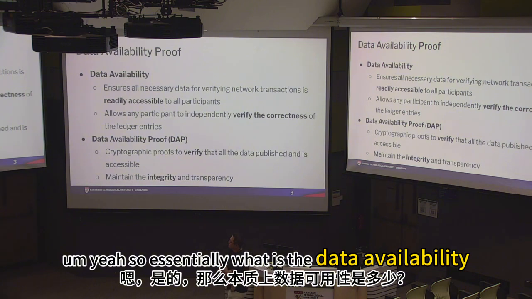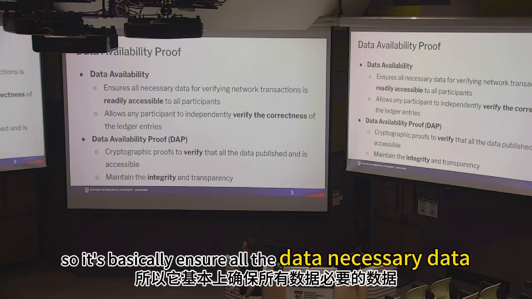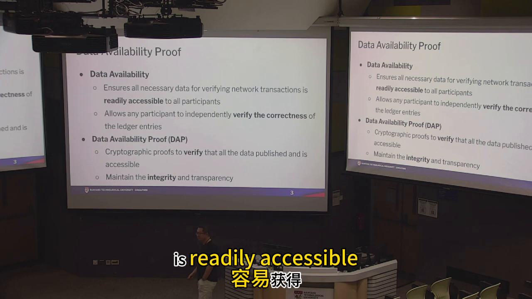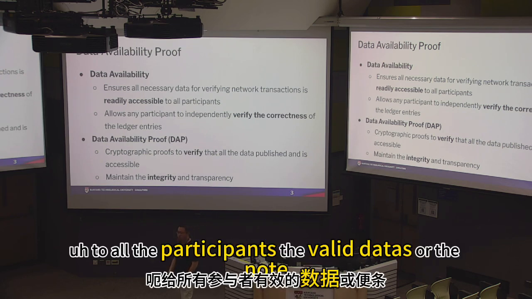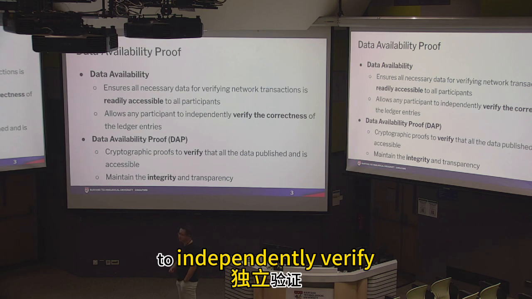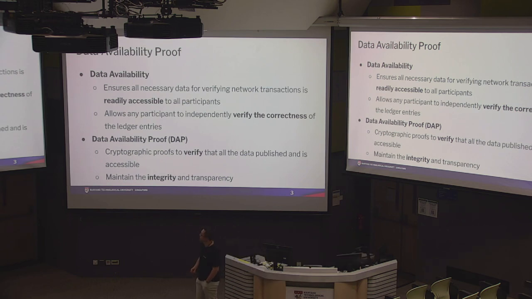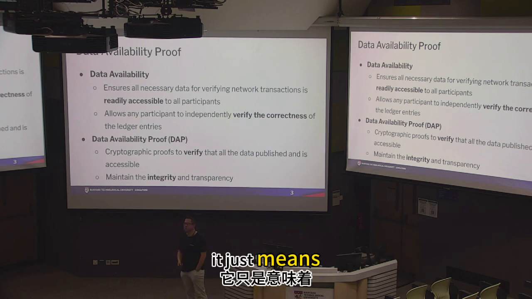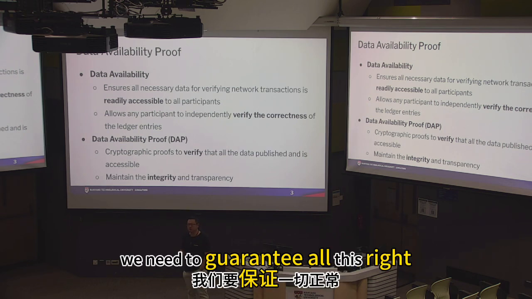So essentially, what is data availability? It basically ensures all the necessary data to verify the network transactions is readily accessible to all the participants, the validators or the nodes. And it allows all the validators or nodes to independently verify the correctness of the ledger entries. It just means anytime we store the data, we need to guarantee all this.